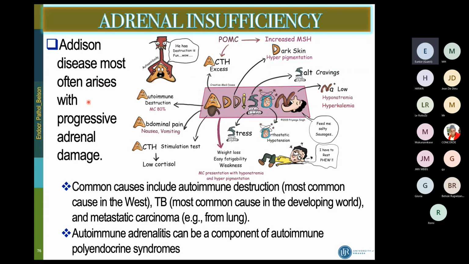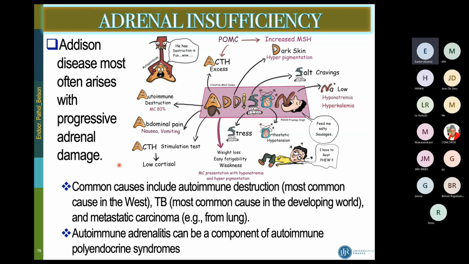So Addison disease most often arises with progressive adrenal damage. Common causes include autoimmune destruction, and this is the most common cause in the Western countries. Another cause is TB, tuberculosis, which can affect the adrenal glands, or if there is a metastatic carcinoma, which comes to destroy the adrenal glands.